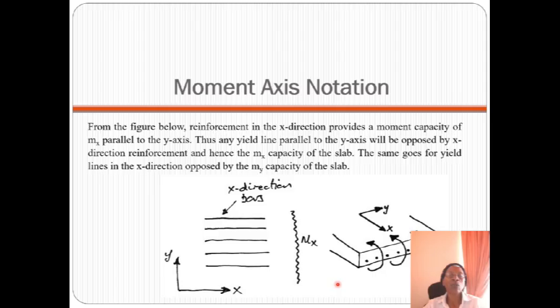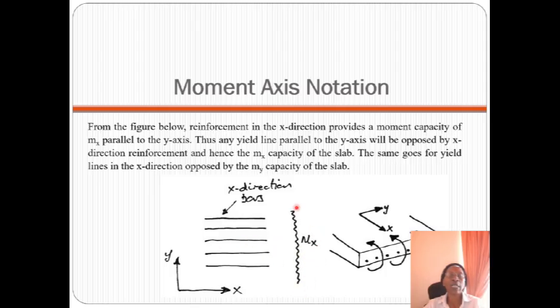The moment axis notation, also from the figure below: the reinforcement in the x direction provides moment capacity of mx parallel to the y-axis. So that's the moment capacity. If your slab has bars in the x direction, the moment capacity will be shown as mx. Thus, any yield lines parallel to the y-axis will be opposed by x direction reinforcement.